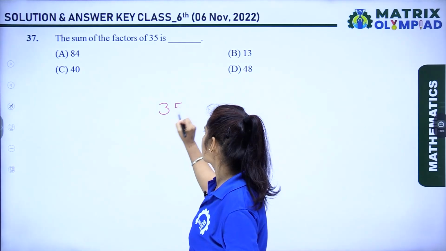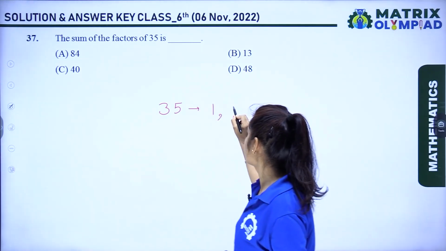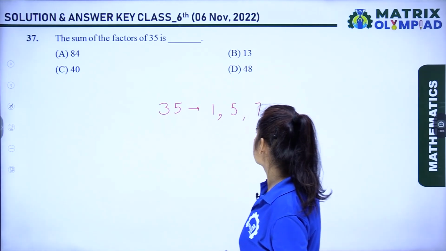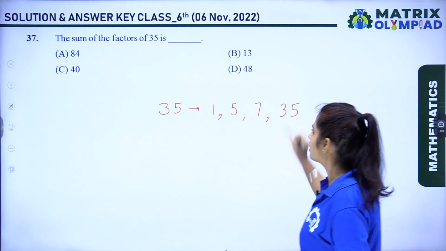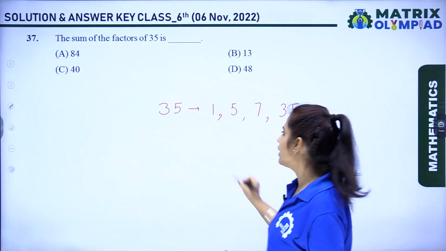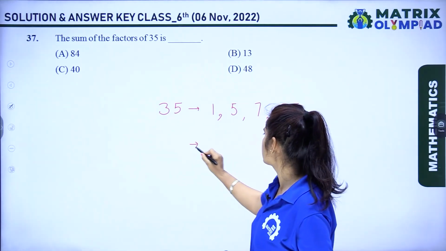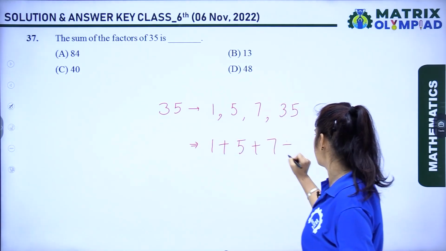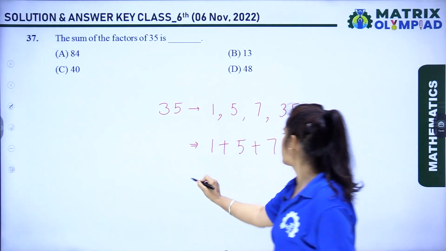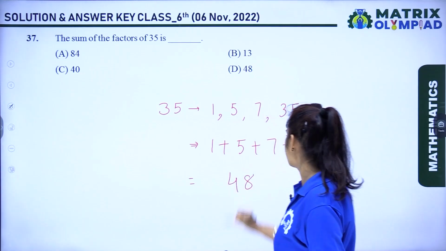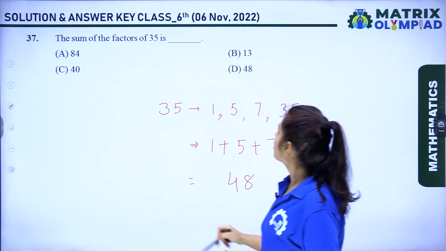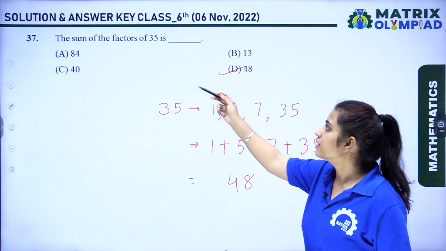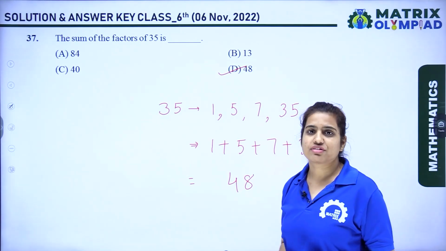So factors of 35 are 1, 5, 7 and 35. Now we are going to add these 4 factors. After adding these 4 factors, we get the sum as 48. So here option D is the correct answer. So, 48 is the sum of the factors of 35.